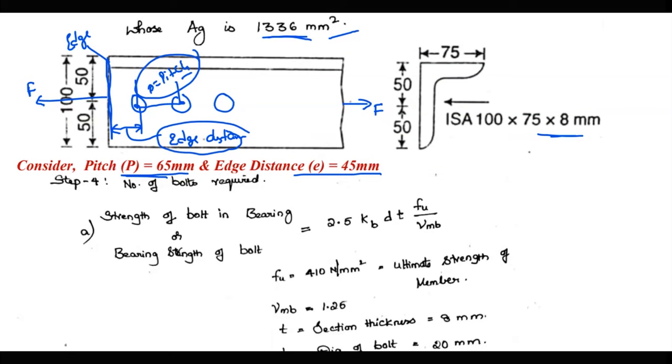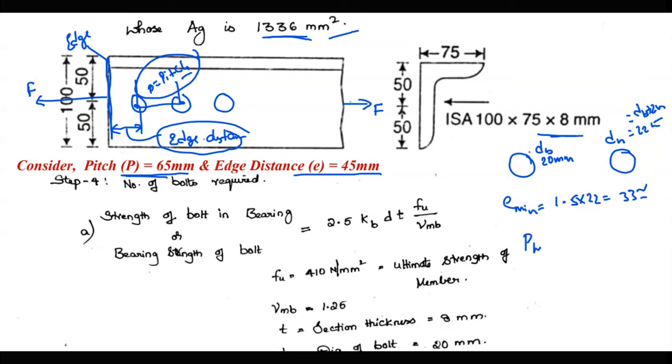So for example, if the bolt is 20 mm, D is the diameter of the bolt, DB, and DH is the diameter of the hole, which will be equal to 22, which is the diameter of the bolt plus 2 mm. Right? So now, what is the minimum edge distance? E minimum is equal to 1.5 times 22, which is around 33.